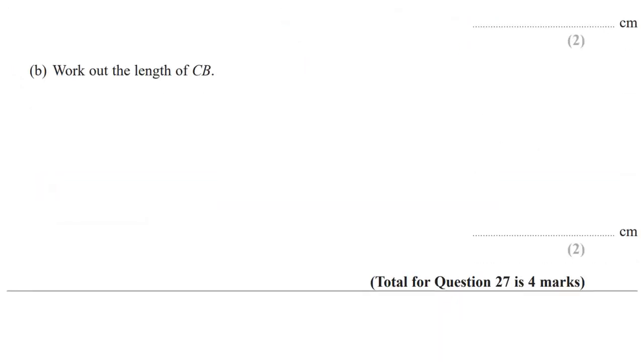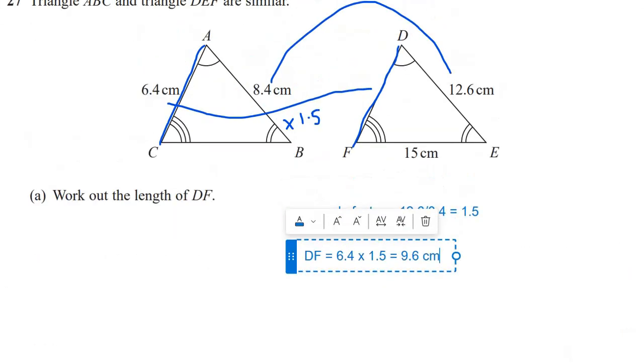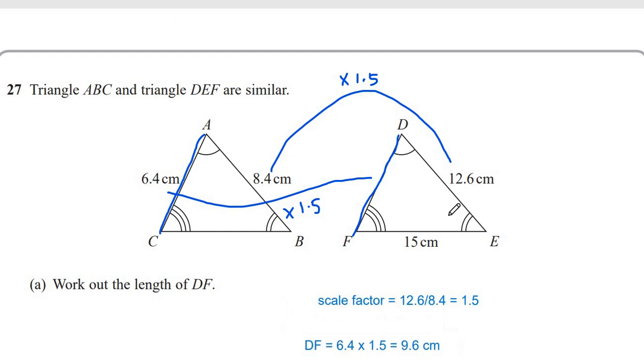And then we need to figure out the length of CB. All right, so CB is this one here, and the corresponding length in the other triangle is 15. So now we are going from here to here.